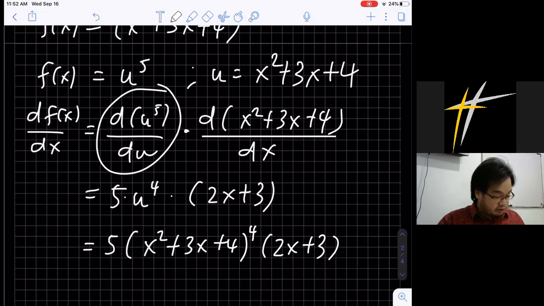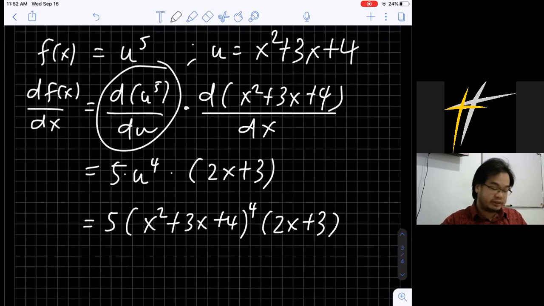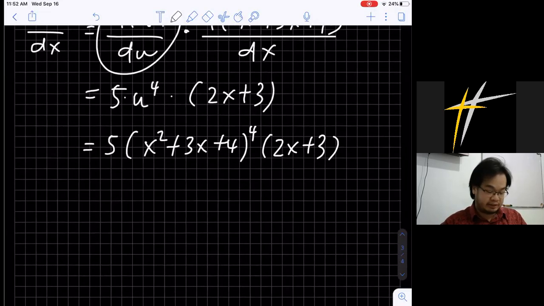If you look at your book, page 104, they were using dy/dx instead of df/dx. I think it's the same. So dy/dx is equal to dy/du times du/dx. This is the chain rule, and it's not a simplification, okay?